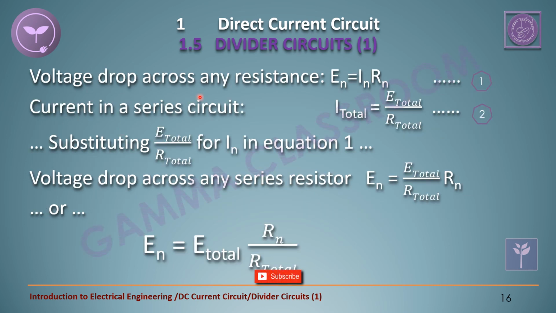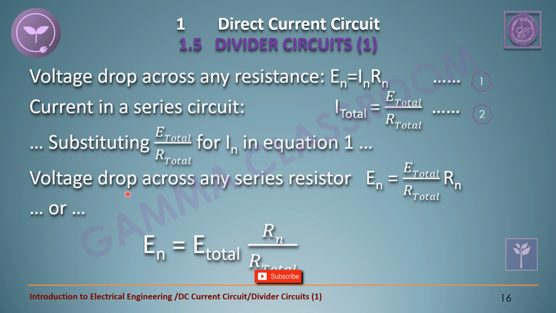Voltage drop across any resistance, according to Ohm's law, is E_n equal to I_n times R_n. And current in a series circuit is I total equal to E total divided by R total. Since the current in a series circuit is the same at any point, we can substitute E total divided by R total for I_n in equation 1.